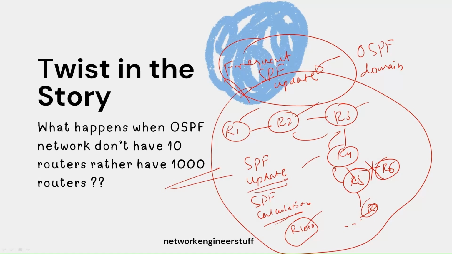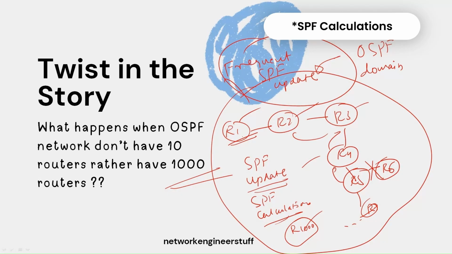Now, because of this frequent SPF update, what will happen? Let's say this is a router in OSPF. Now it is getting frequent SPF updates. Its CPU will always be busy doing those SPF calculations, right?